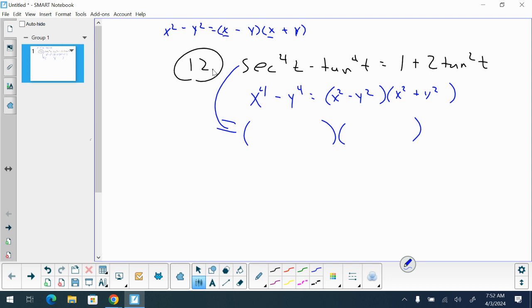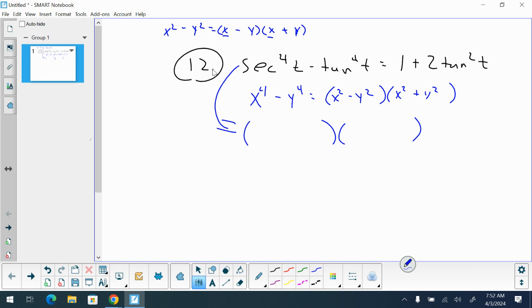Once again, this is a technique that may be helpful for you when it gets a little bit more complicated: just throw in x's and y's, do it that way, and then replace. Once again, we have x to the fourth minus y to the fourth, and the x squared y squared cancels with the other x squared y squared.